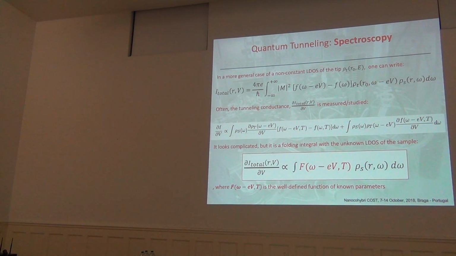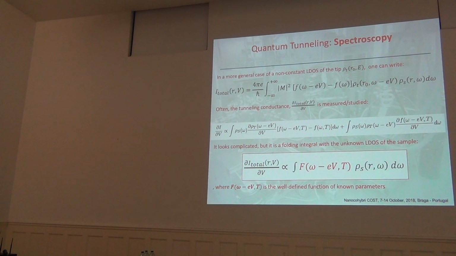So the stupid answer would be that we take a metallic tip, and in the energy window of interest, the density of states is constant. Okay? A more detailed question could be, for instance, if I want to use a superconducting tip, I will put a normal metal tip in a superconductor, and then I will retract. I will get a cluster of superconducting material, and I can do a spectroscopy.